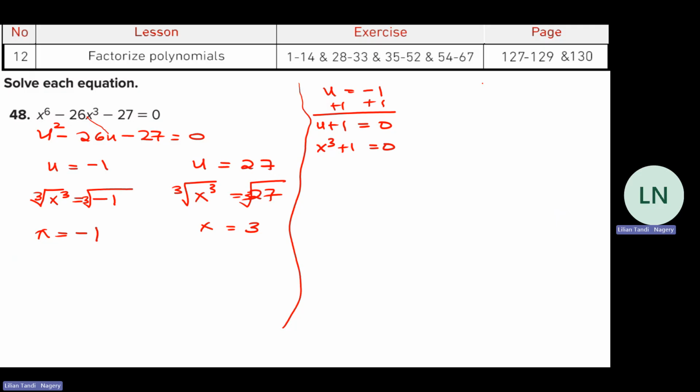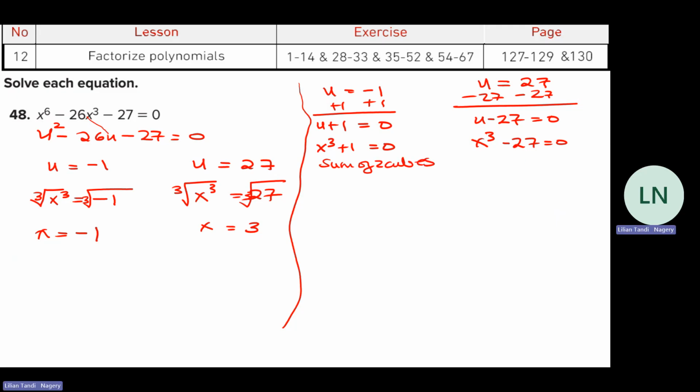And then here, you are going to do u equals 27, minus 27 on both sides. U minus 27 equals 0. And this is x cubed minus 27 equals 0. So this is a sum of two cubes, and this is a difference of two cubes.